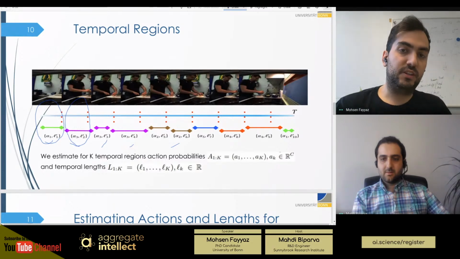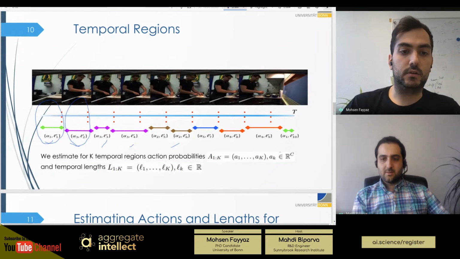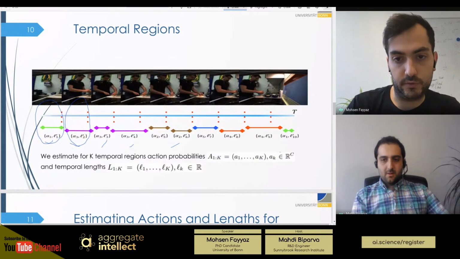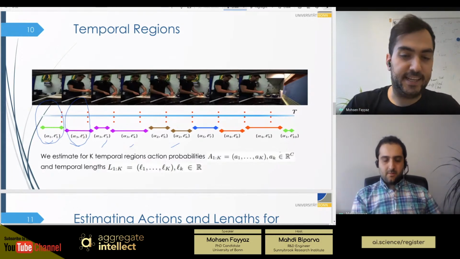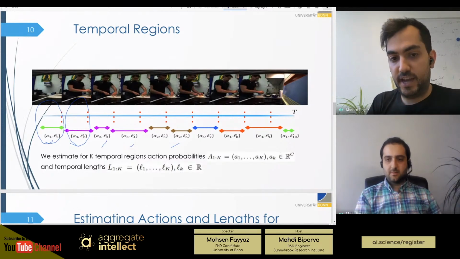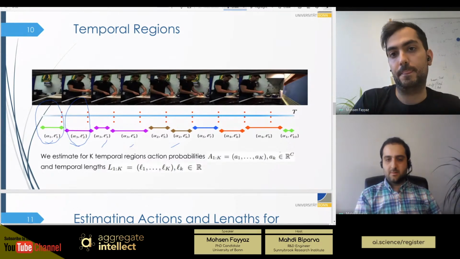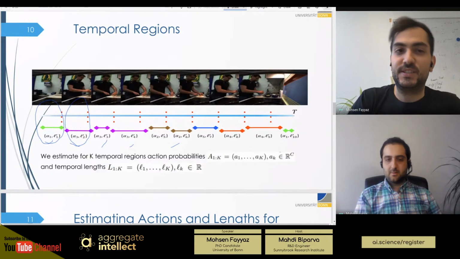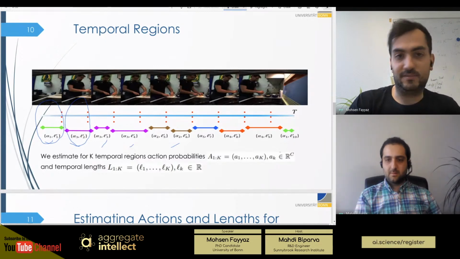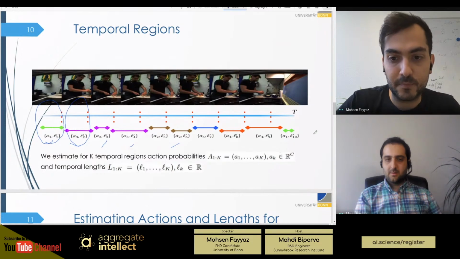The point is that in this work, we ask our model to divide the video into some temporal regions, we call them co-temporal regions, and estimate the action probability and also the temporal lengths of the actions for each of these regions. But still, we don't have the supervision because we don't know the order and we don't know the number of the actions. But let's see how we can solve it.